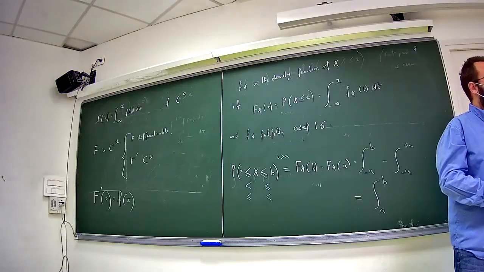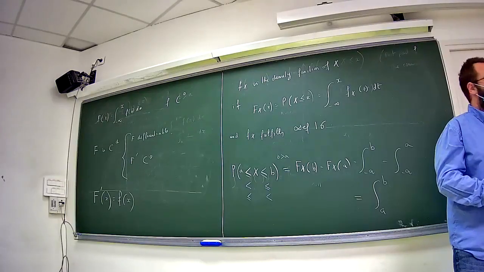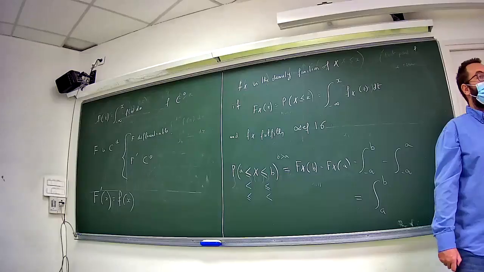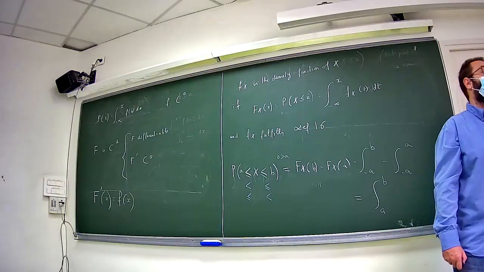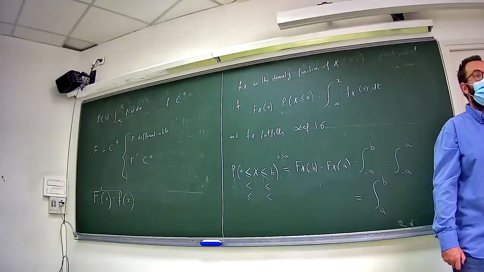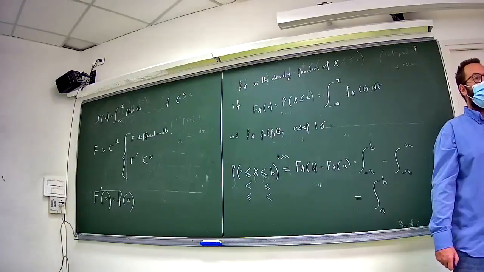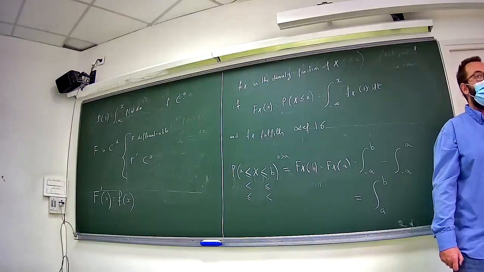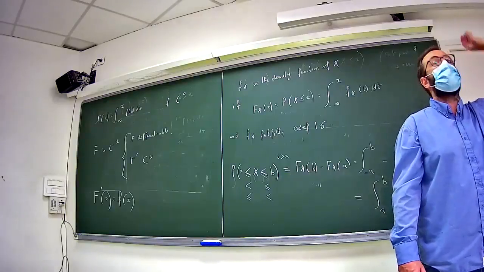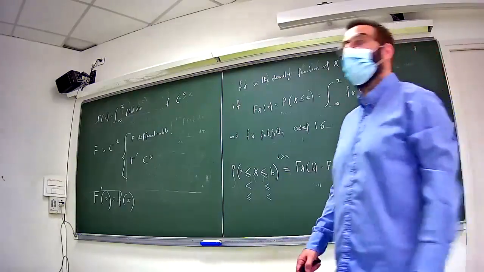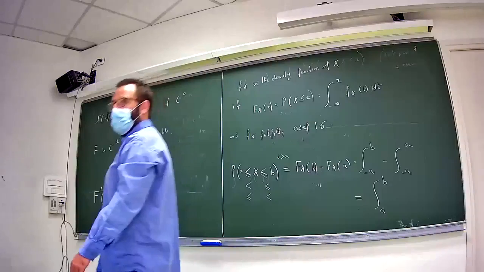So be careful, it's not the same kind of result here. First statement: you know that you have a density function, and you want to obtain it from the distribution function, so you compute the derivative of the distribution function. Second statement: you have a random variable, you don't know if it has a density, but you remark that the distribution function is regular, and so you can obtain the density from the derivative of the distribution function.